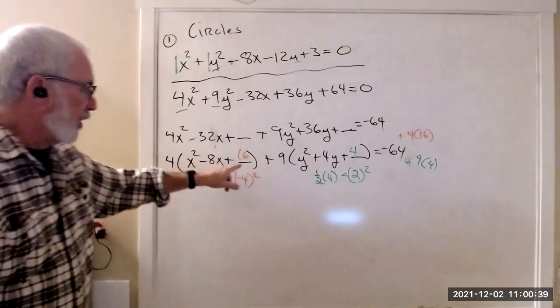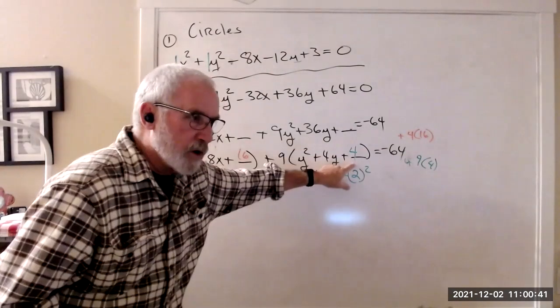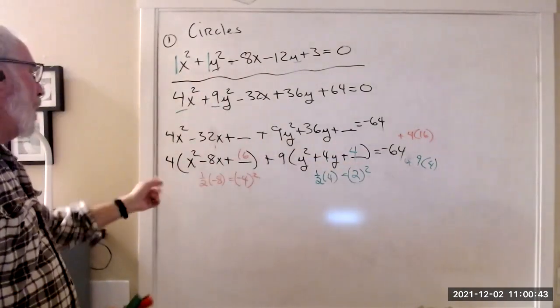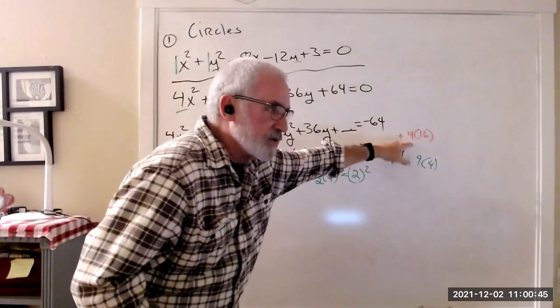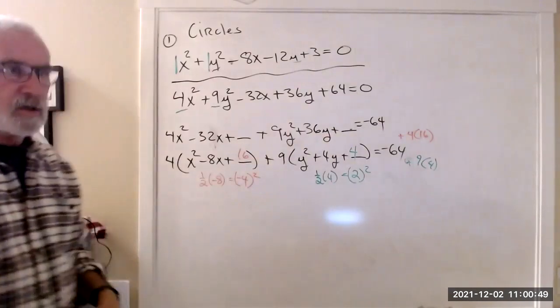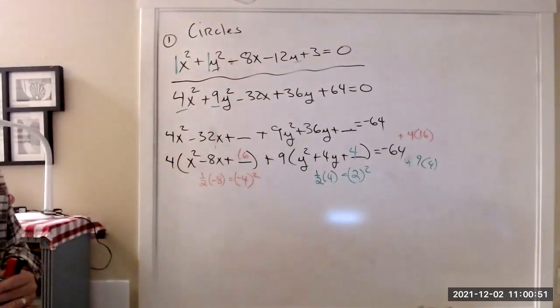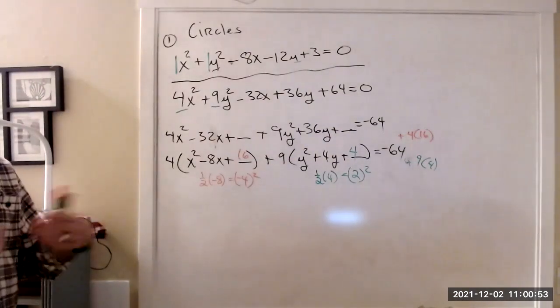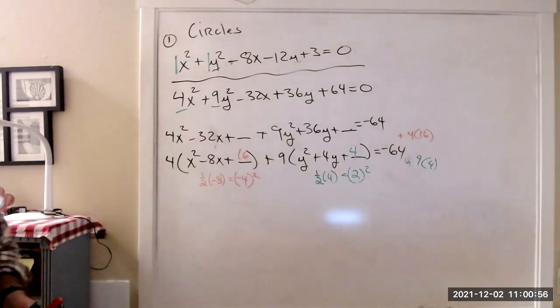First off, where did I get the 16 and the 4? Secondly, why did I add 4 times the 16 and 9 times the 4? You're going to need to know how to do that. You're going to get confused on the test, so I'd like to get as much clarification out of the way now as possible. That's okay with everybody?